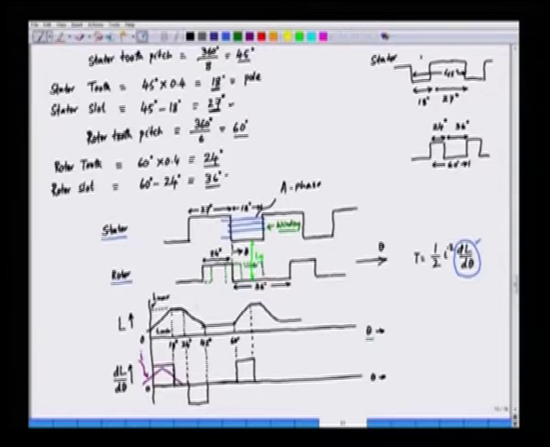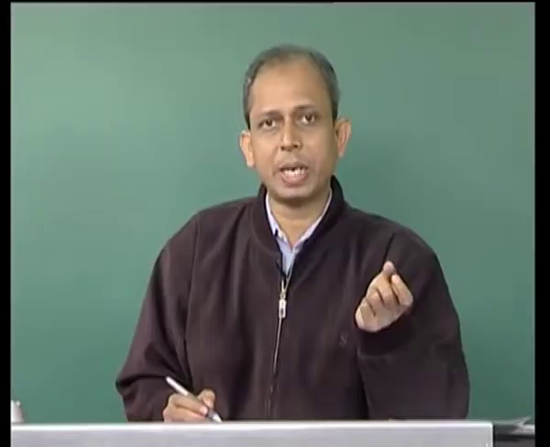This region is the region for which dL by d theta is negative. So, we can plot this dL by d theta: for the rising condition from L minimum to L maximum, dL by d theta is positive; when the inductance remains constant, dL by d theta is 0; and when the inductance decreases, dL by d theta is negative. So, since we have the variation of inductance with position, we have a finite dL by d theta. It could be positive or it could be negative.